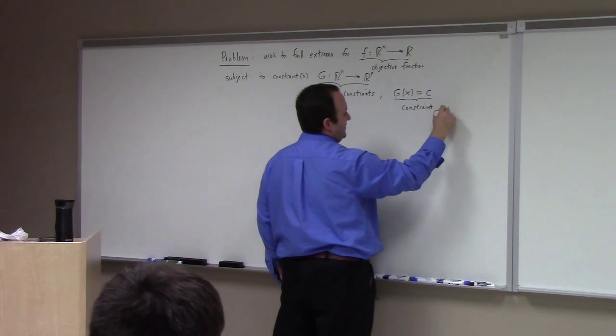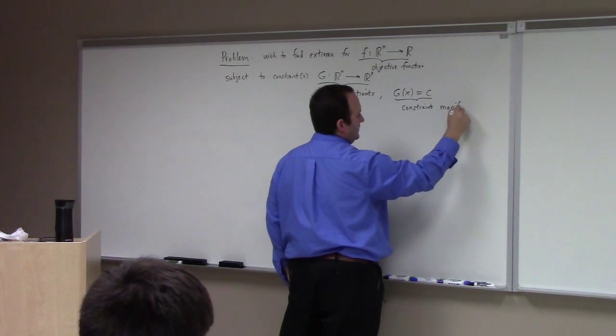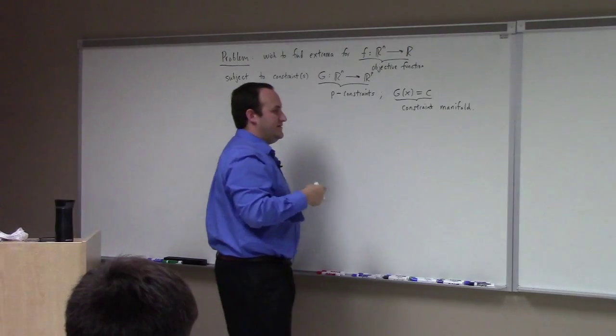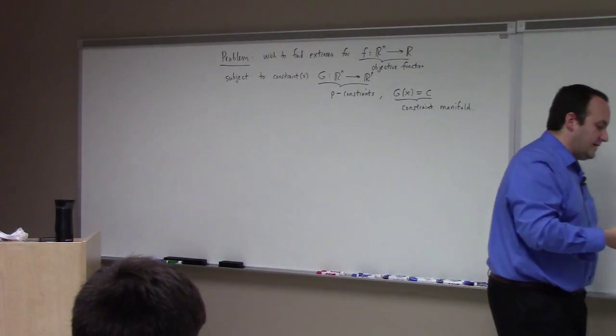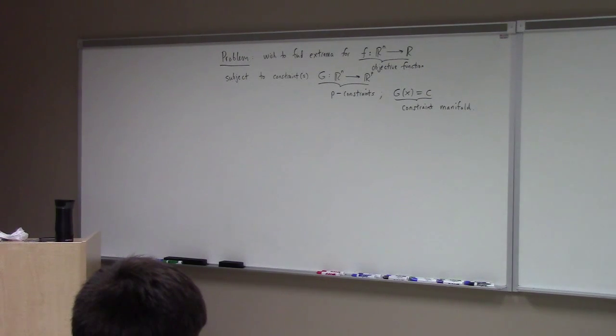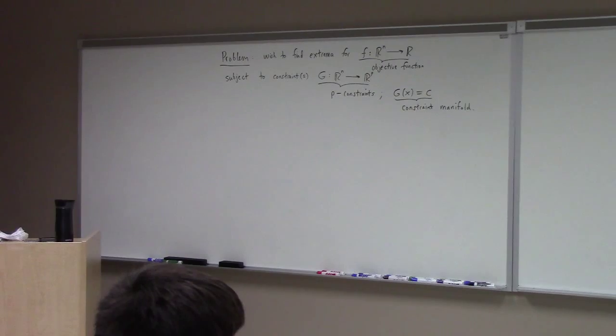Maybe I should say constraint manifold, since it may not be two-dimensional. Sometimes I try to use the word surface as a two-dimensional manifold, but on occasion I'll slip up and use it in a more abstract sense. So this is the problem.